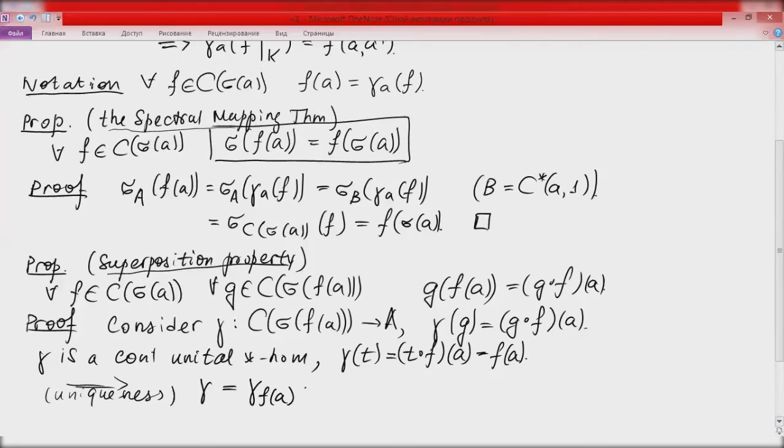This formula is equivalent to g of f of A equals g composed with f and applied to A. And this completes the proof of the superposition property.